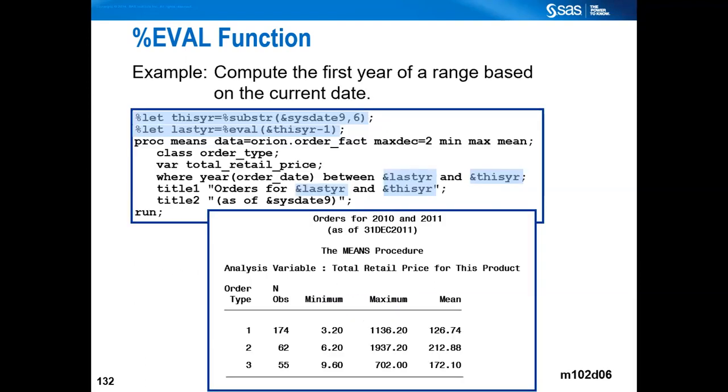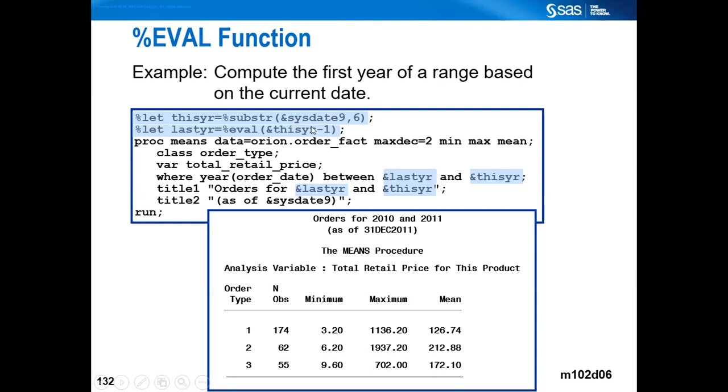In this example, you are creating two macro variables, this year and last year. You are extracting the year value from your system date into this year, and then creating the last year variable using percent eval on ampersand this year, minus 1.